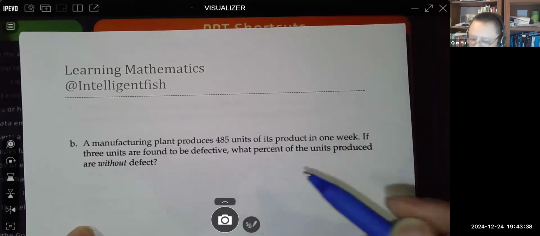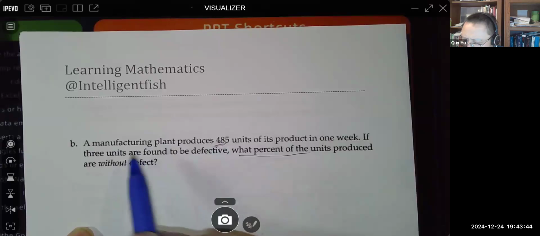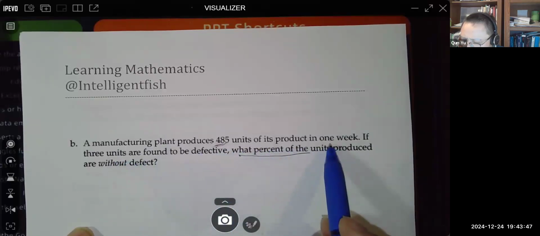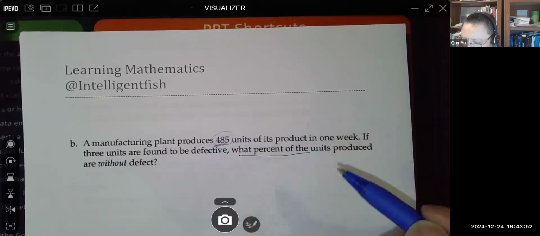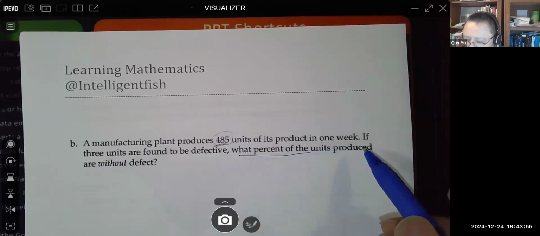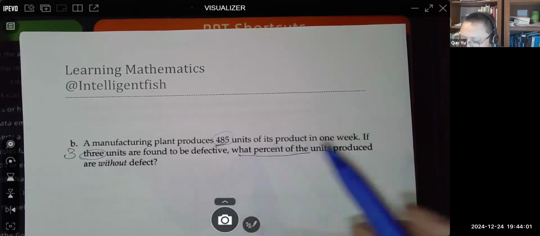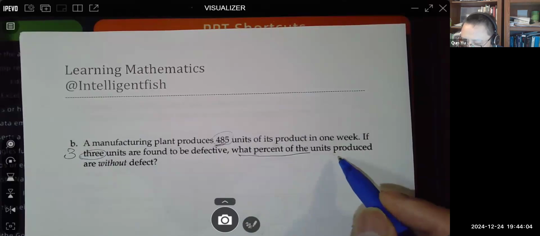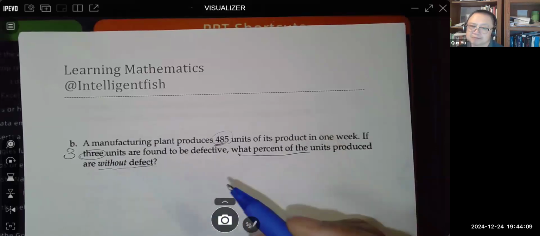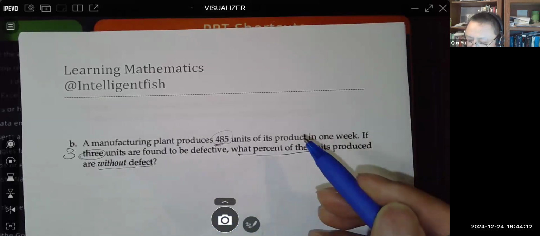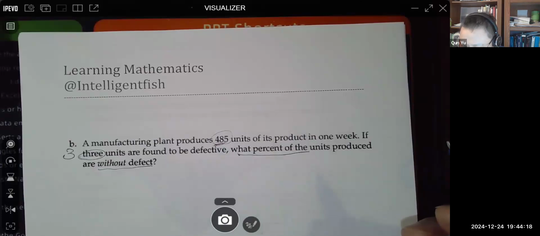First of all, we are looking for percentage, but this is a total number of units of product produced in that week, and three of those are found to be defective. But we want to have the percentage to represent those units that are not defective. So in other words, percentage of those are not defective.